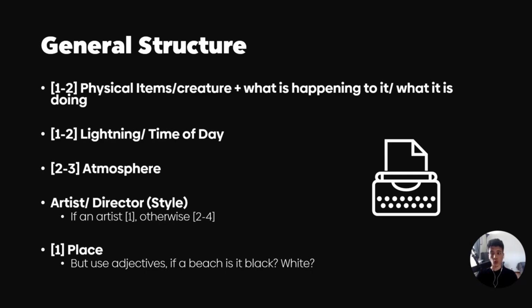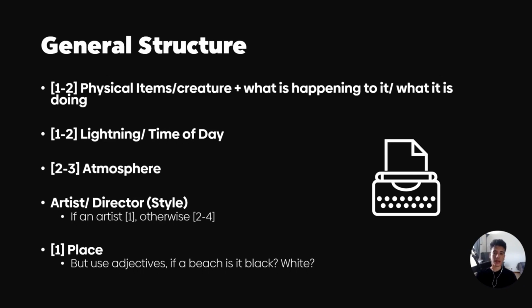In this case, it's 1 to 2 physical items or creatures, and what's happening to the item or what the creature is doing. For example, if it's a robot, what is the robot doing? And what's happening to it. So just include 1 to 2 sentences and put a comma in between each part, so you can differentiate between the things. And I'll show you how that looks in just a second.